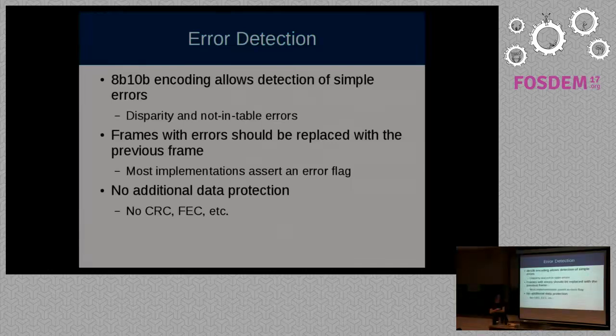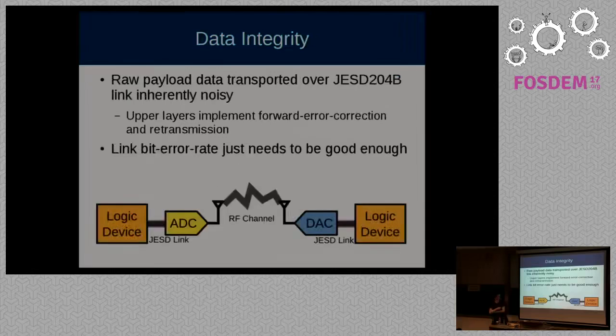And if you look at what kind of data JESD is actually transporting, it's not very high fidelity. You have your DAC, which does digital to analog conversion, which is a noisy process. On the receiver side, you have an ADC, which does analog to digital conversion, which is a noisy process. There's always background noise, which affects your data. And then, of course, you all know the RF channel, and the RF channel is the worst thing.